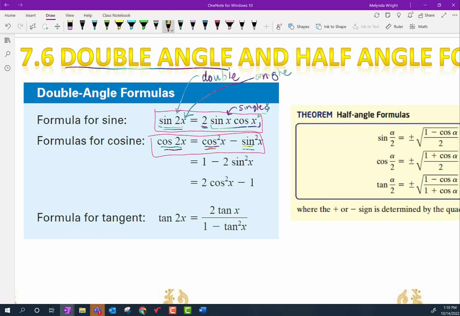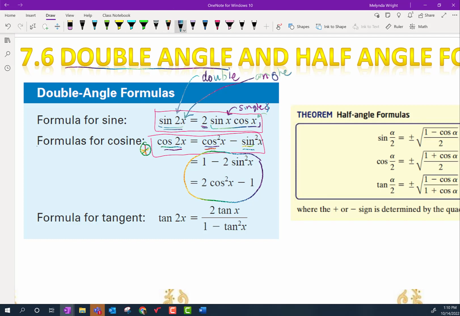This set of formulas right down here, I really don't memorize because I can create them using the Pythagorean identity. I can create them from this original cosine formula. And I want to walk you through how you could do that if you don't want to memorize the additional formulas for cosine.